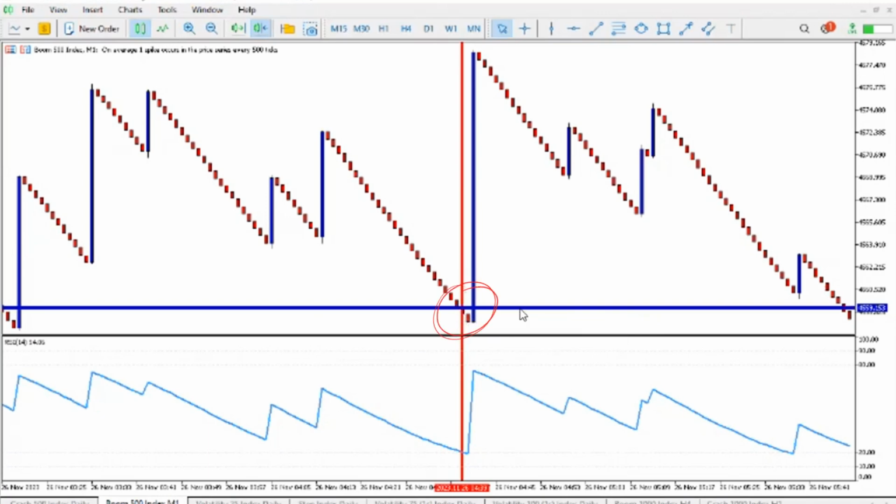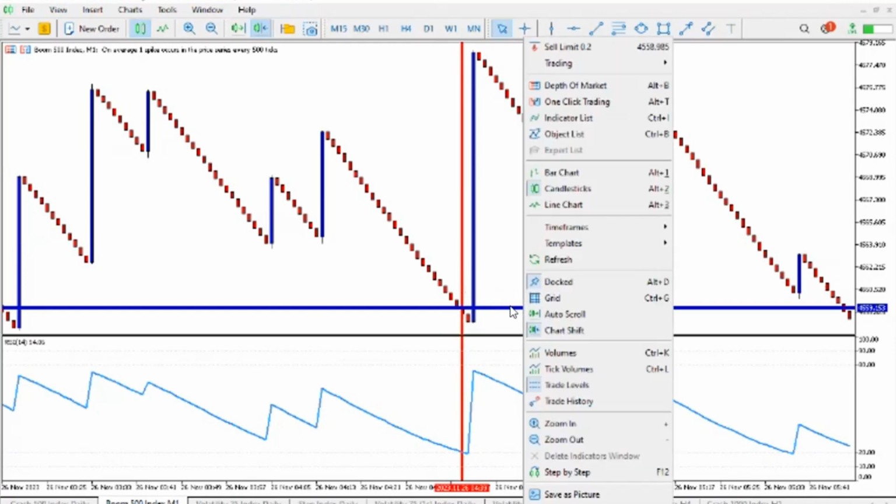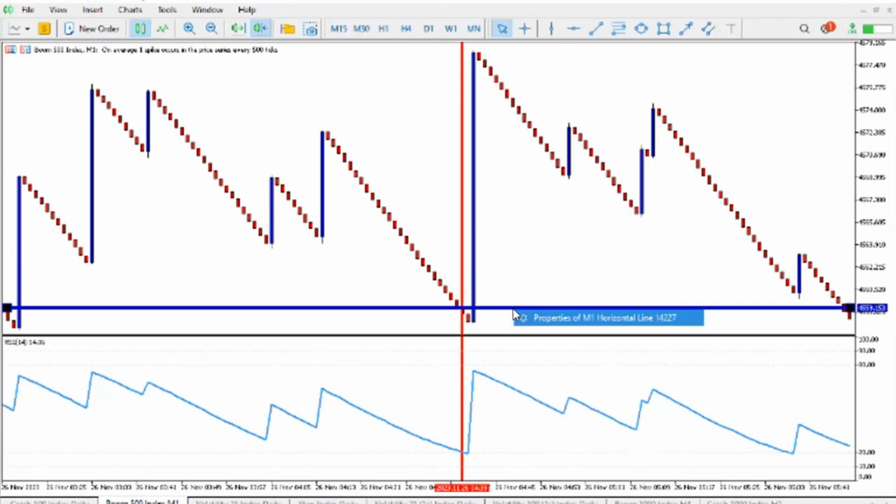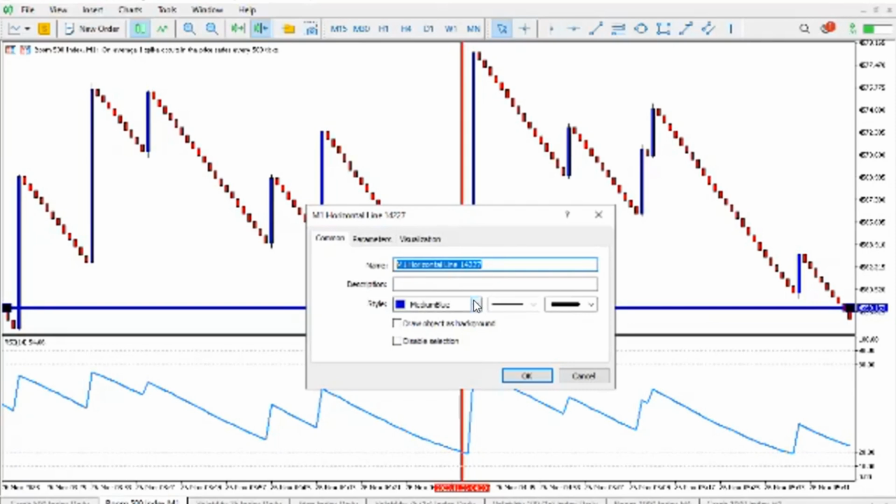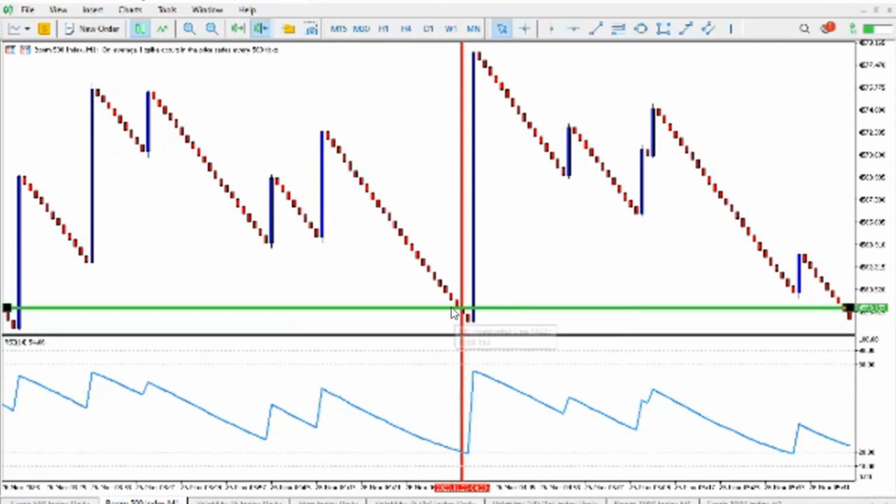Let me change it to green so that you can also understand. This particular place where the red and the green cross is where you enter the buy position, simply because the RSI just crossed the 20 level.